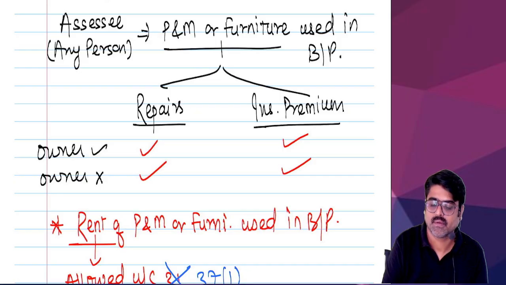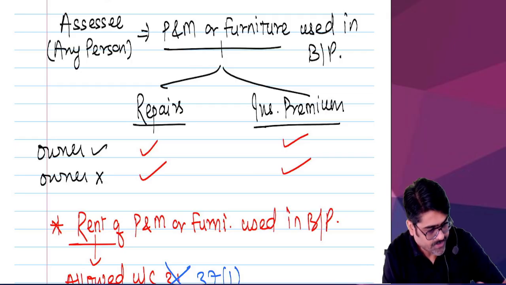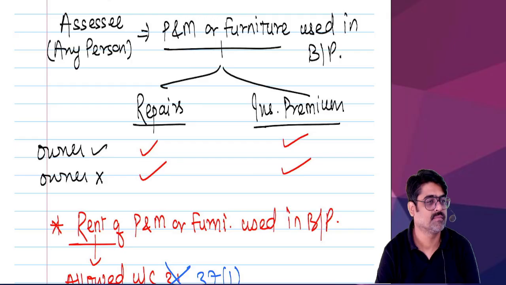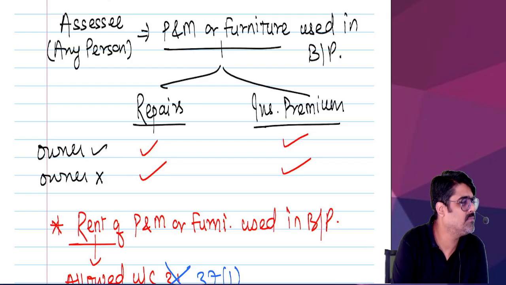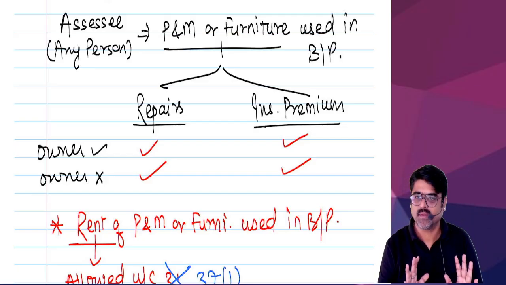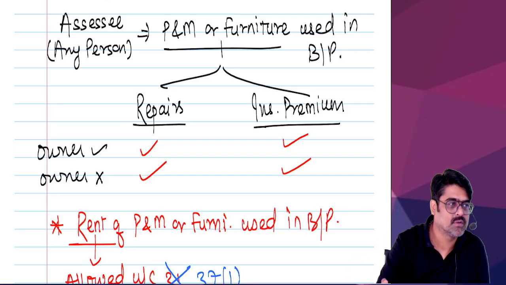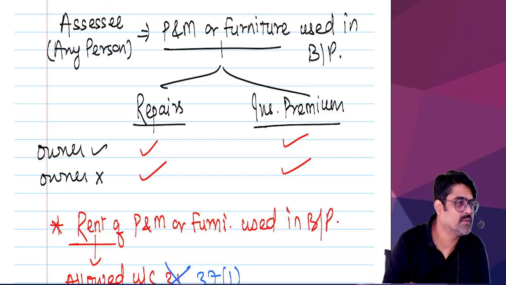Yes or no? But remember, repairs will be allowed only if they are current, not capital. Only the current repairs will be allowed as a deduction. Capital repairs cannot be claimed under section 31 also. Sir, what are current repairs? See, plant and machinery, furniture. For example, this bench. Some part of the bench was broken, so I got it fixed.